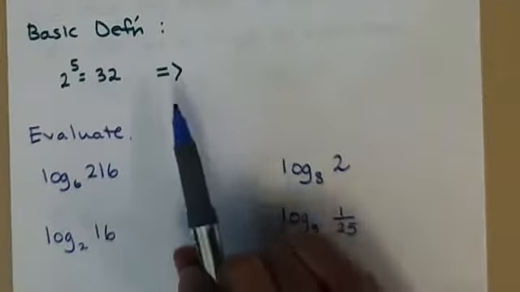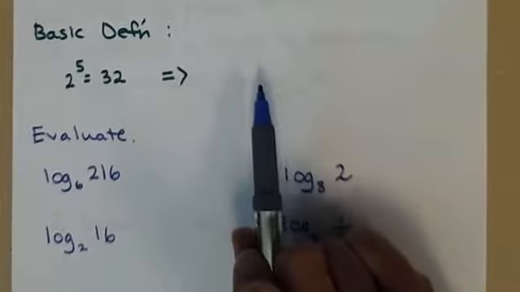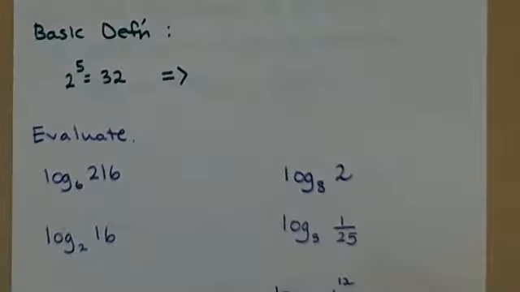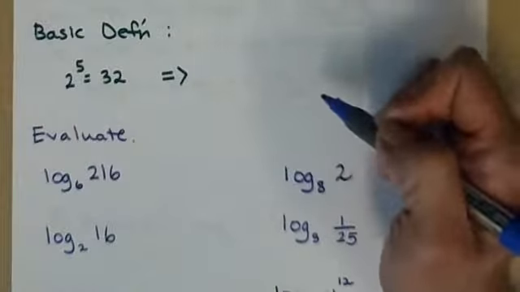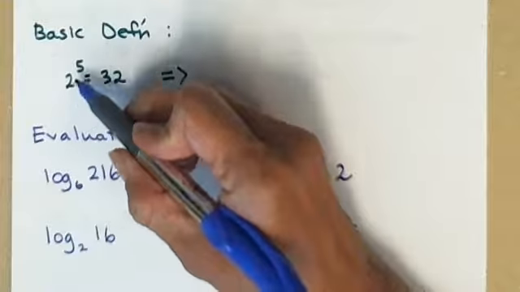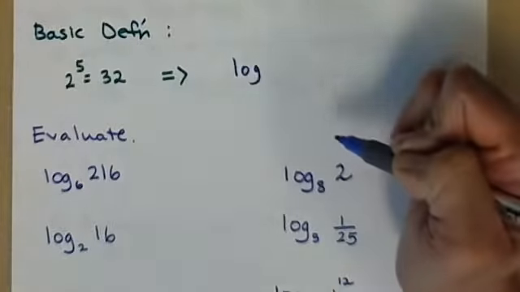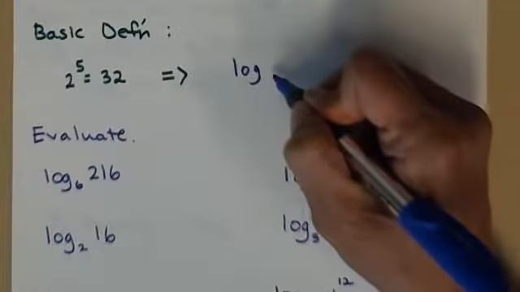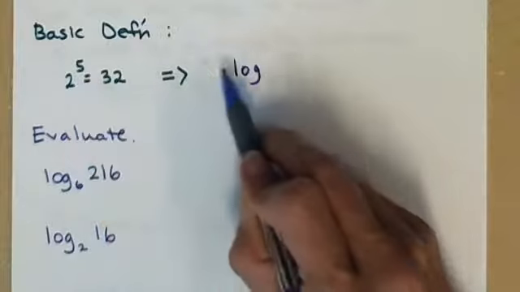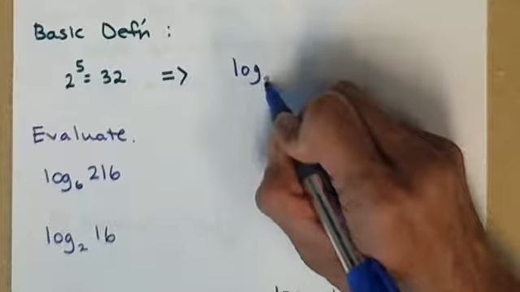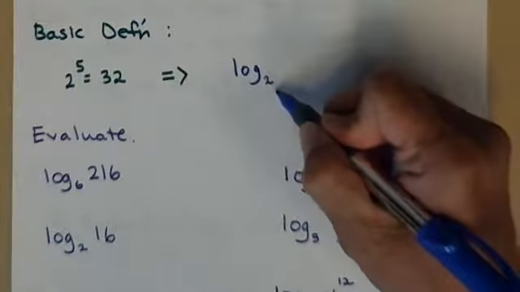Well, that has its own logarithmic version as well. You can see some of the examples we're going to work down here. And here's what it looks like for this 2 to the 5th equals 32. We write the word log for logarithm, and then it has a base. So the base that was over here is the base that's here. And we write it right after the word log, and it's a little subscript.